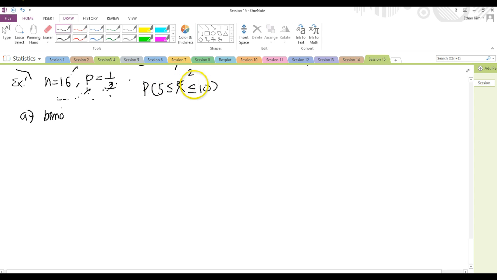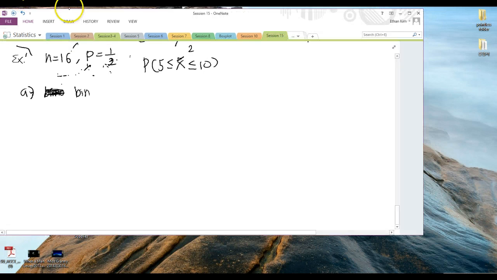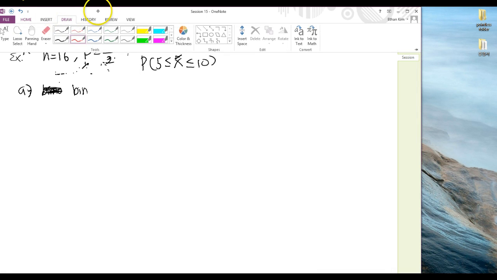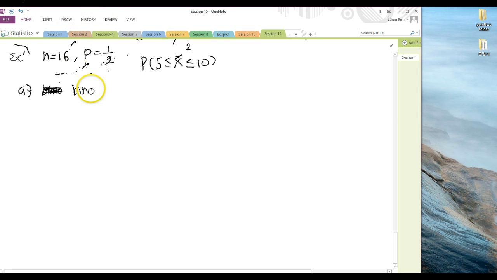So I'll show you how to work this on Excel. By binomial, if it's greater than or equal to 5 but less than or equal to 10, I'll show you how to do that on Excel. So let's move on to Excel.